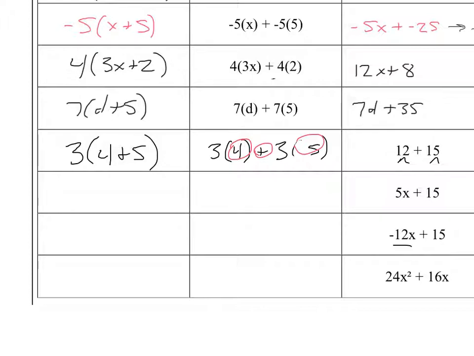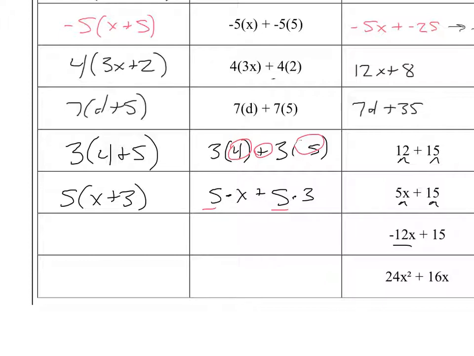Here, I can see my common factor looks like it's going to be 5. So 5 times x plus 15 is going to be 5 times 3. My common factor comes out to its undistributed form, leaving x plus 3 in the middle.